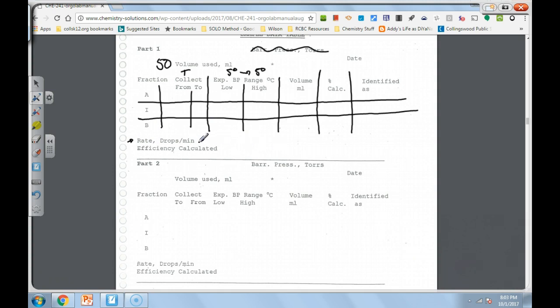All of you should have counted drops and then told us over what time. You may have to do a quick calculation there, which would be included on your experimental calculations. And then the efficiency calculated is again the answer from your data table or from your experimental calculations.